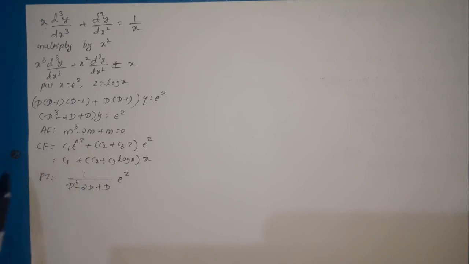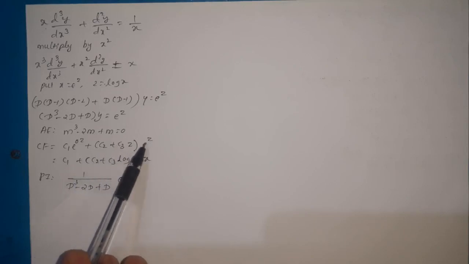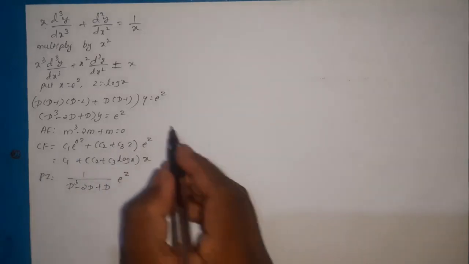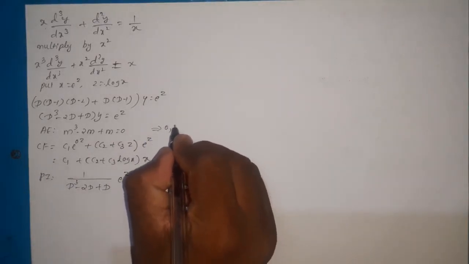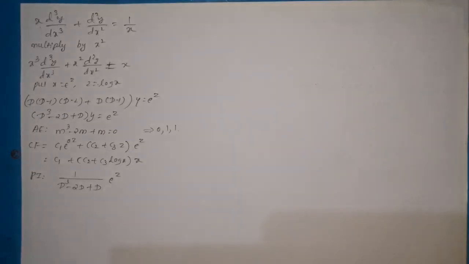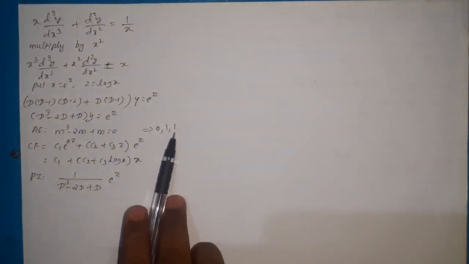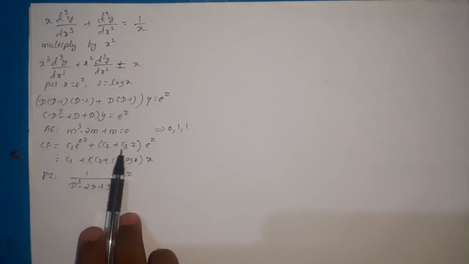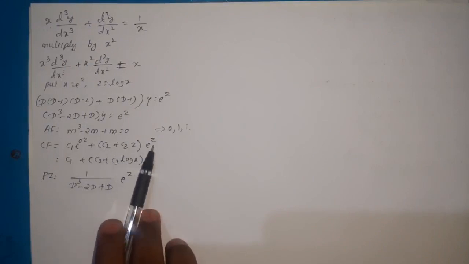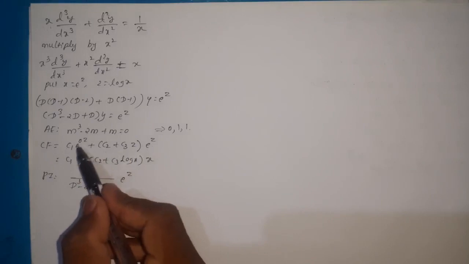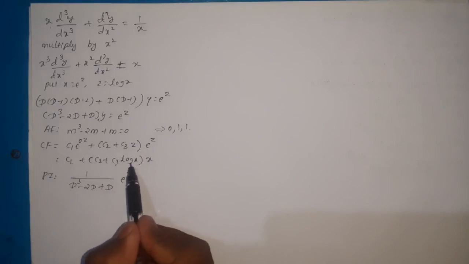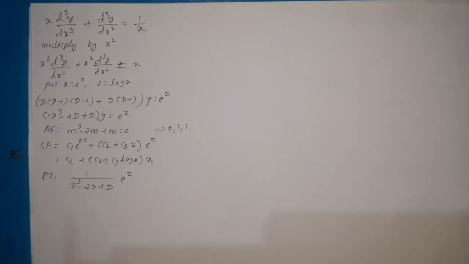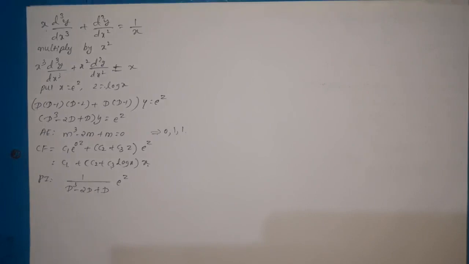Complementary function is c1 e power 0z plus c2 plus c3 z e power z, meaning the roots of this are 0, 1, 1. 1 is repeated twice, so therefore c2 plus c3 z e power z. Now here e power 0z is 1, that is c1 only, then c2 plus c3 z, with z equal to log x and e power z equal to x.